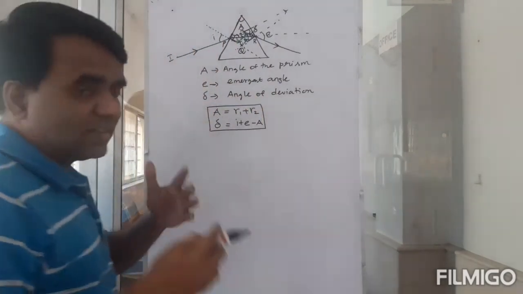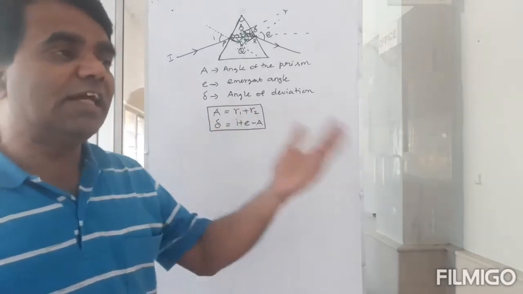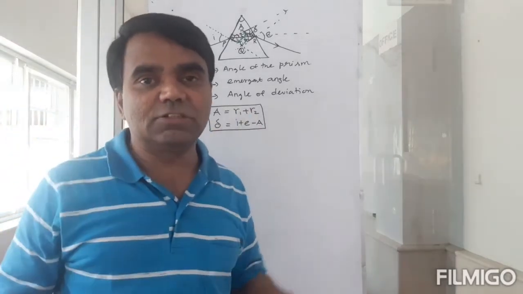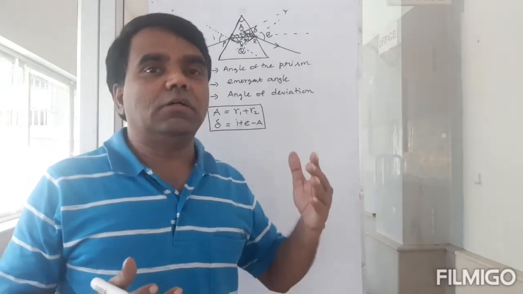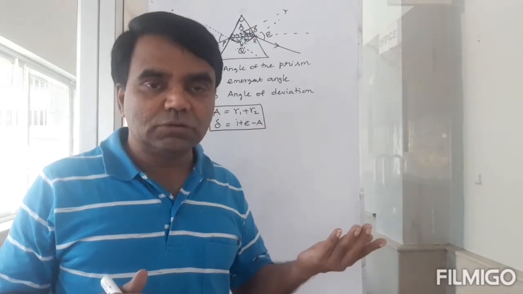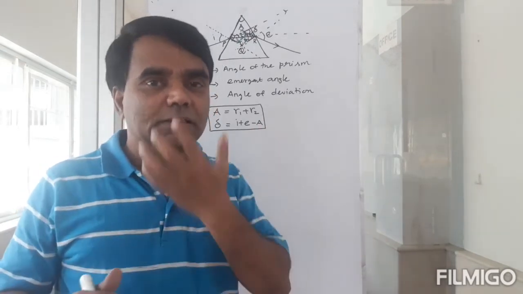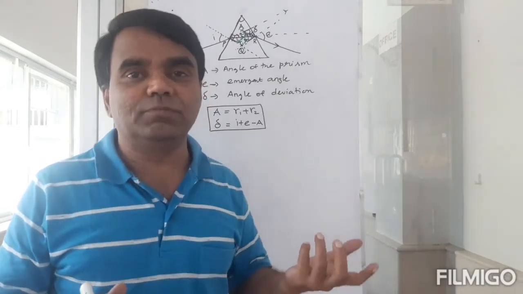So there's a symmetry that is always there in optics. In the lens also, if I change U and V, then U will become V and V will become U.